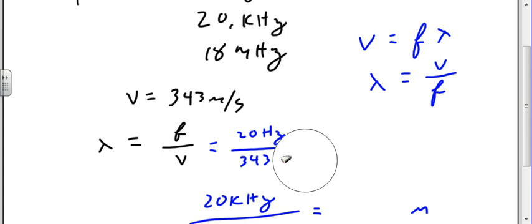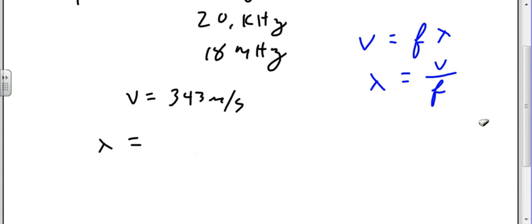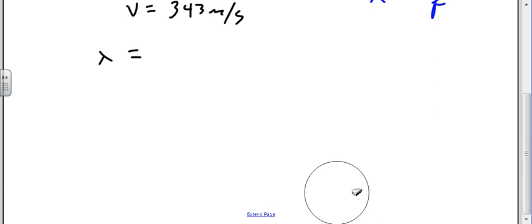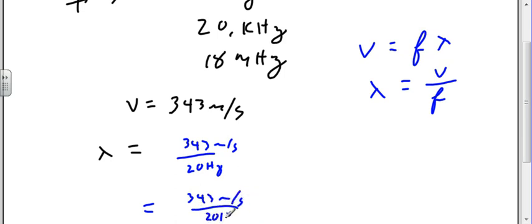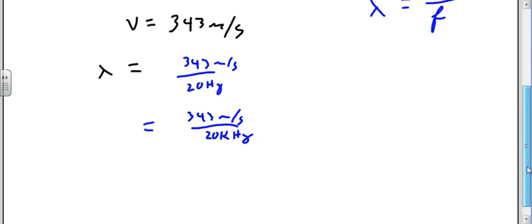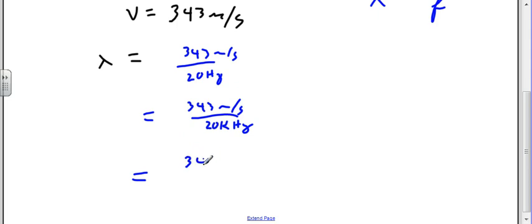Luckily I have a big enough eraser. Reconsidering is always okay. So 343 meters per second divided by 20 hertz, or 343 divided by 20K, or 343 meters per second divided by 18 meg.